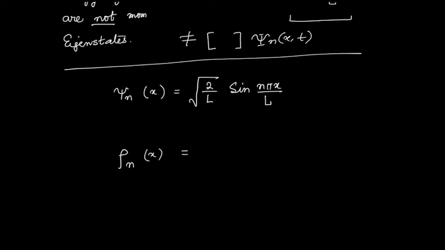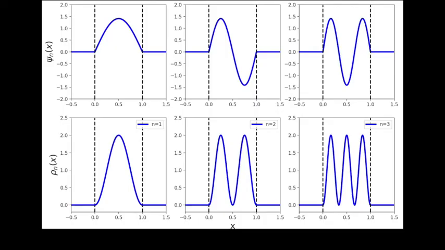Then rho n is just the square of psi n, so it will be psi n star psi n. It's already normalized, so it will be just this quantity. So look at these two for different values of n. This shows psi and rho for different values of n, starting from n equals 1 and going up to n equals 3.